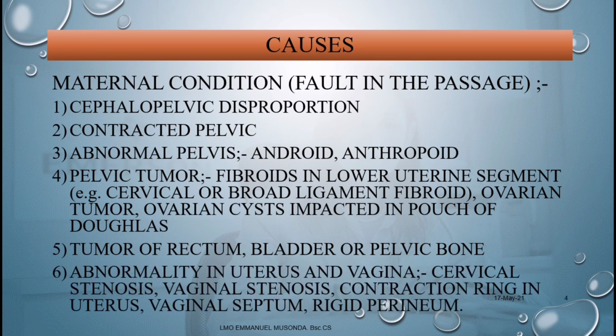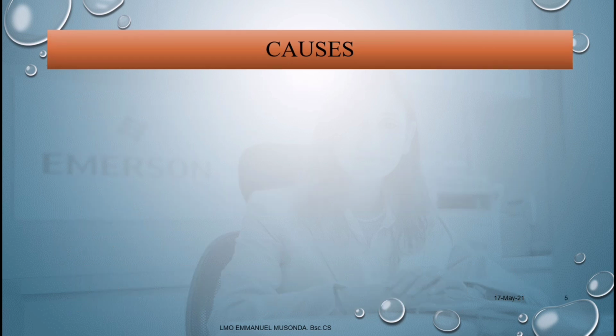Then abnormalities in the uterus and vagina such as cervical stenosis or vaginal stenosis, contraction ring in the uterus, vaginal septum or rigid perineum. Those are some of the maternal conditions where there is a fault in the passage.